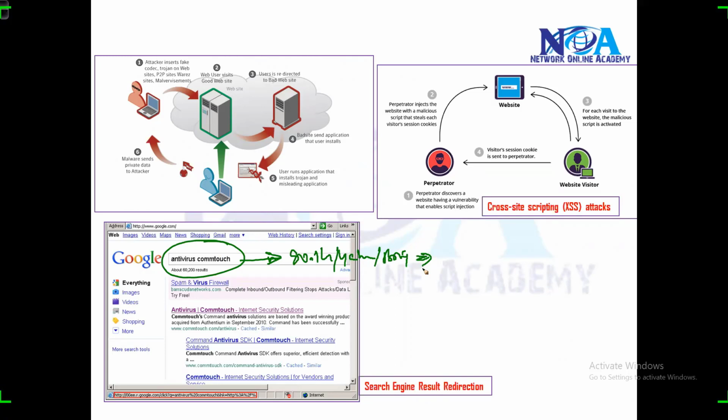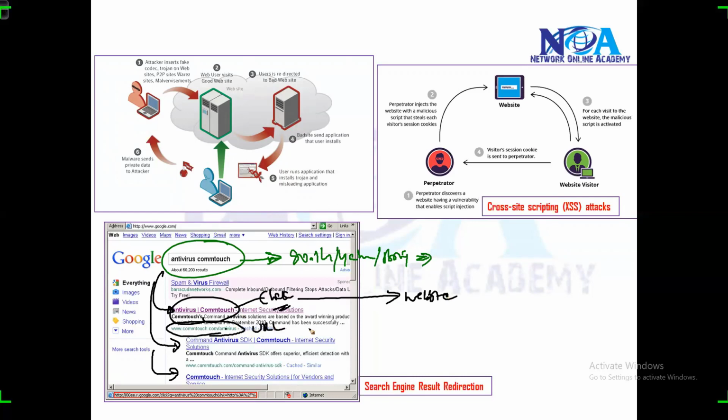So basically you search with specific keywords, you will find some URLs listed. So when you click on this particular URL, it displays a specific website. It shows you some URL, but actually at the back end, it is not that particular URL. If you observe here, basically that points to some different URL.